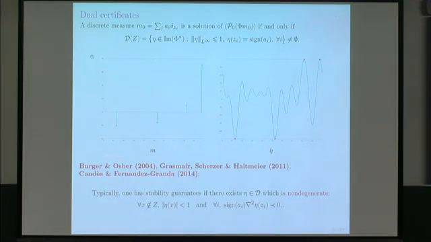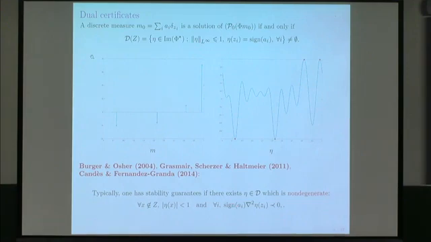And as mentioned in the previous talk, many people have studied the source condition. And when you have the source condition, then you can derive some kind of integral stability estimates. So typically, you will have stability guarantees if there exists some dual certificate which is non-degenerate, meaning that away from the support Z, you have absolute value strictly less than 1.